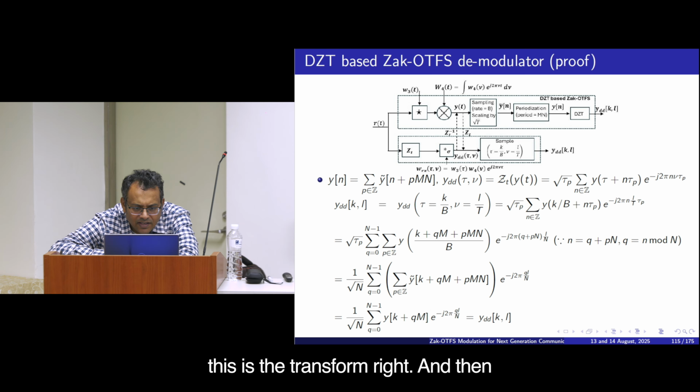So, now you take this expression of y_DD[k, l], which is this one, and you replace k with k plus nM, you replace your l over here with l plus small m times capital N. So, you get this expression basically. Because you replace k with nM, instead of k here, you will get k plus nM.